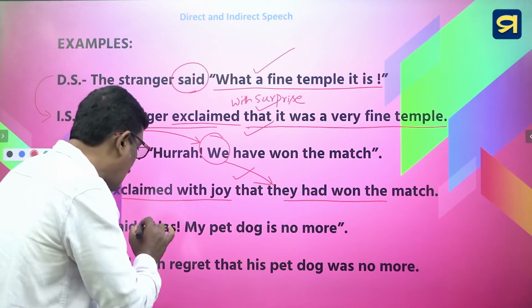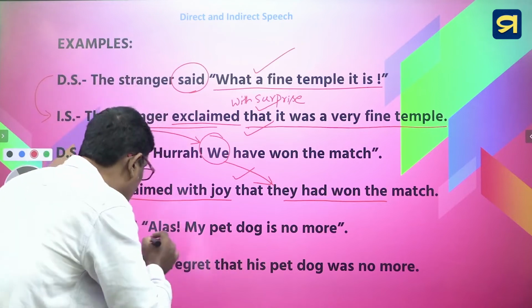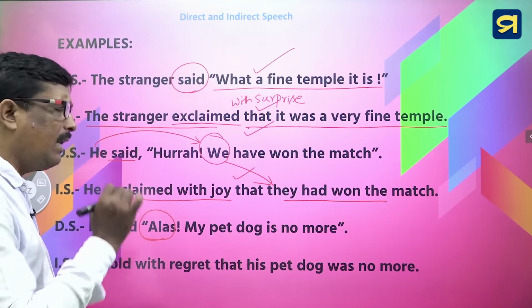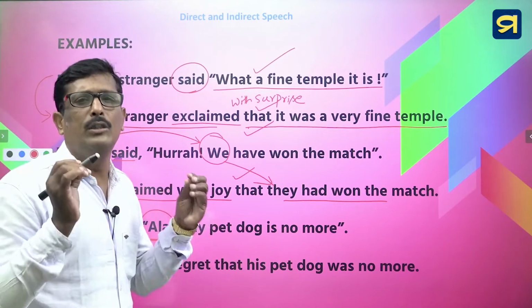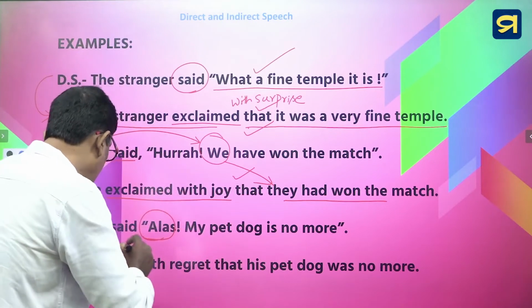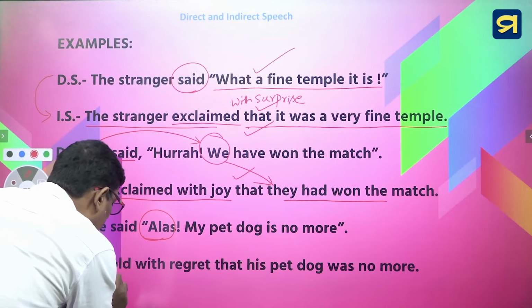Next, number 3. He said, "Alas, my pet dog is no more." You see, here is an interjection, and this word is used for regret or sorrow. Then how will we change the reporting verb?